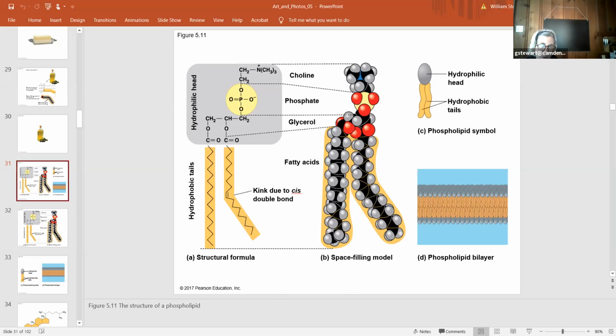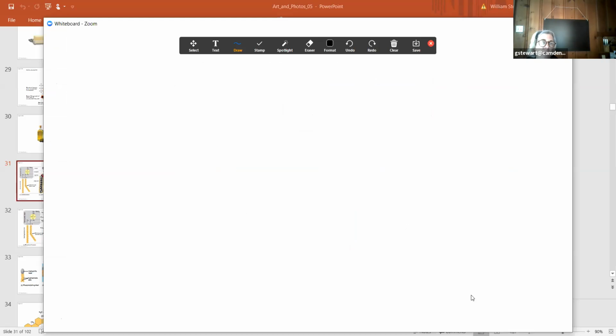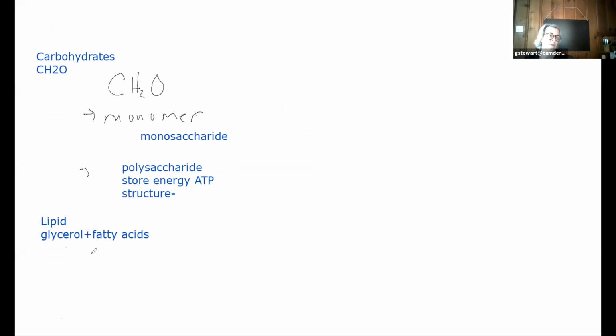And that is so important that I'm going to have to add that to our list here. All right. So we talked about fats, and now we're talking about phospholipids. And that is super important that under the phospholipid you type all membranes.